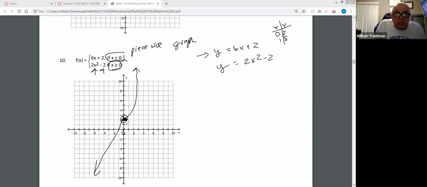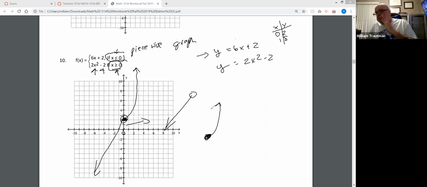So the parabola is on this side of the graph, greater than 0. Remember, when there's no equal sign, there's just a hole at that point. If there is an equal sign, you have to fill it in and then draw it. All right, so that's the first one. You just have to pick the correct graph on a piecewise function.